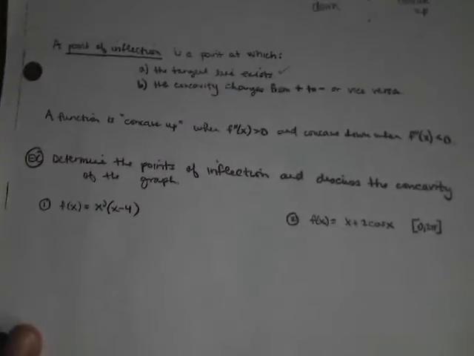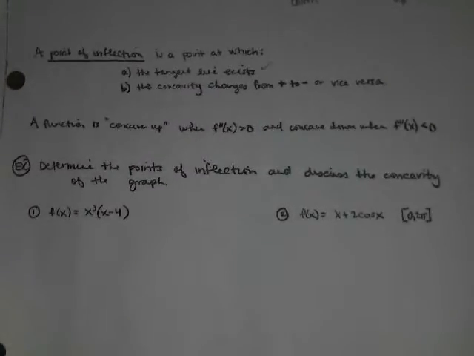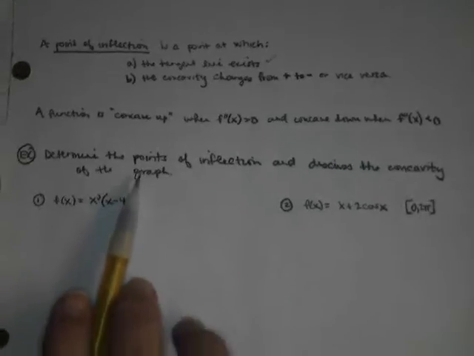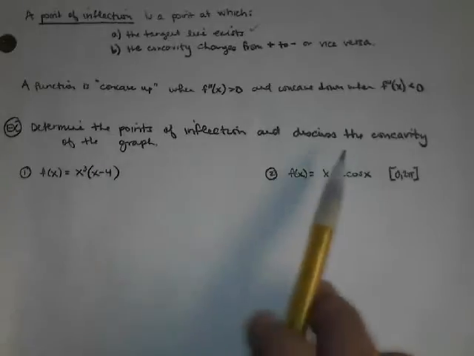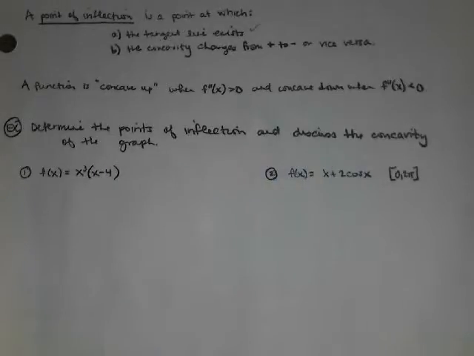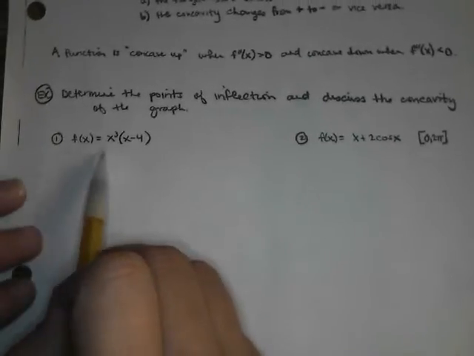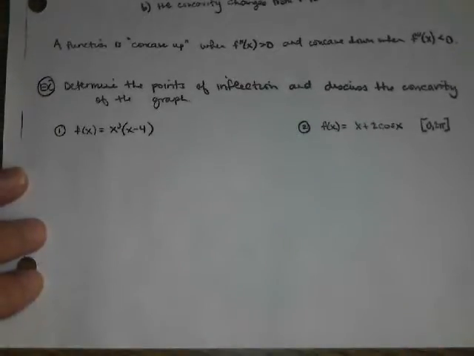On the next example at the bottom, because that just repeated what I just talked about, determine the points of inflection. So you see point of inflection, you think second derivative, and discuss the concavity of the graph. So there's your number line test. When we go to do this first derivative, how do we want to handle it? Product rule or distribute first is definitely going to be easier.